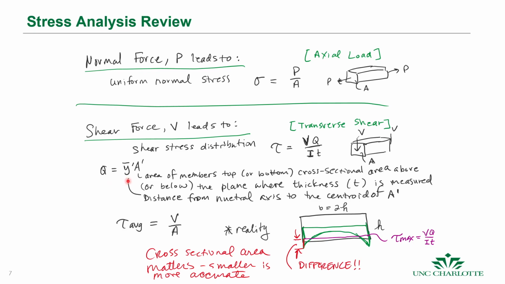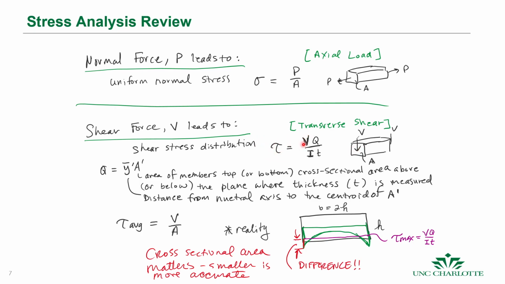and Q is this value here, which is y bar, the distance from the neutral axis to the centroid of A prime, and A prime is the area of the member's top or bottom cross-sectional area above or below the plane where the thickness is measured, and where we're trying to calculate the shear.